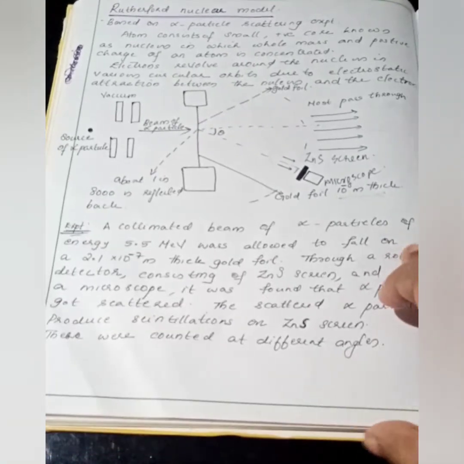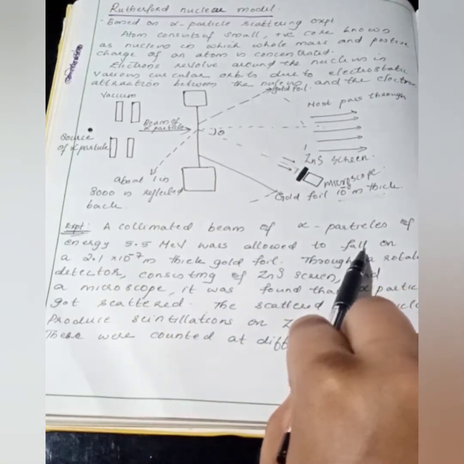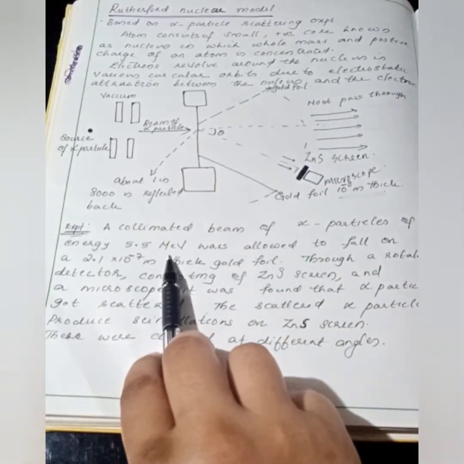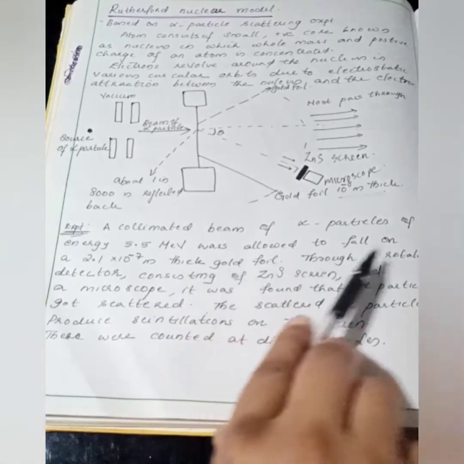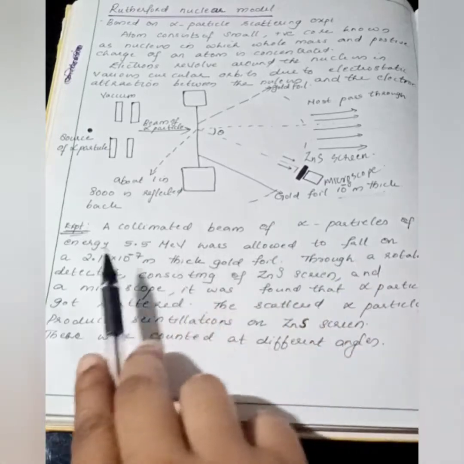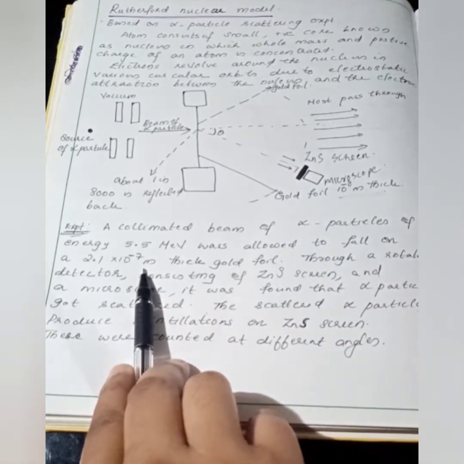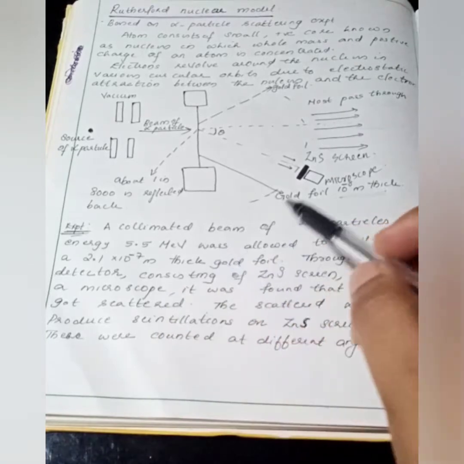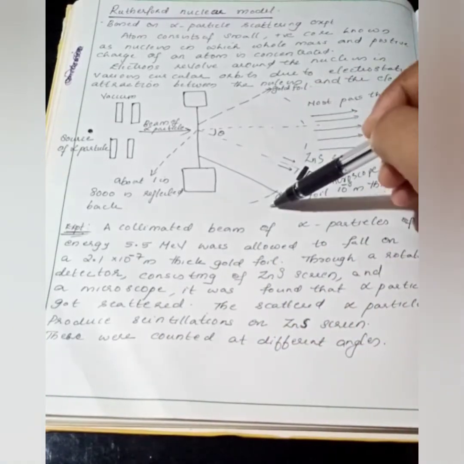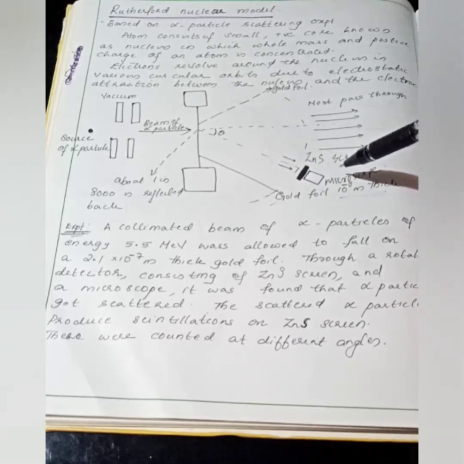A collimated beam of alpha particles of energy 5.5 MeV was allowed to fall on a gold foil approximately 10 raised to minus 8 meter thick, through a rotatable detector. This ZnS screen and this microscope together form a detector.